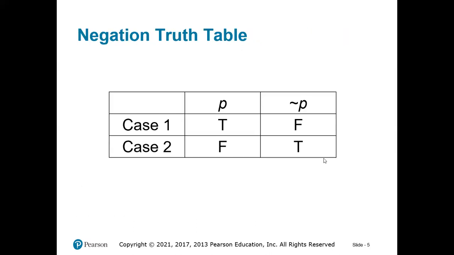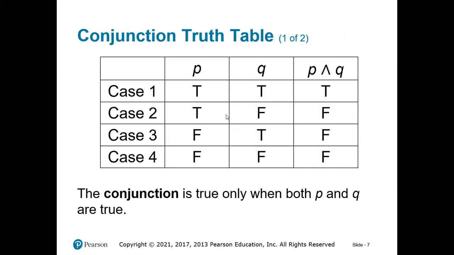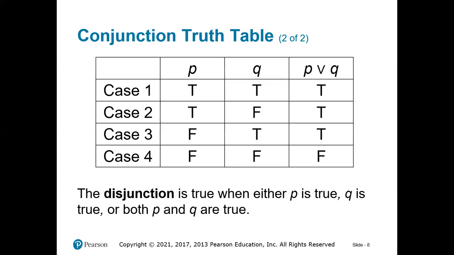Again, this is the truth table of the negation, and this is the truth table of the conjunction. Now let's do the truth table of the disjunction, also known as the or. As you can see, it's all true except when both of them are false. True or true is true, true or false is true, false or true is true, false or false is false.